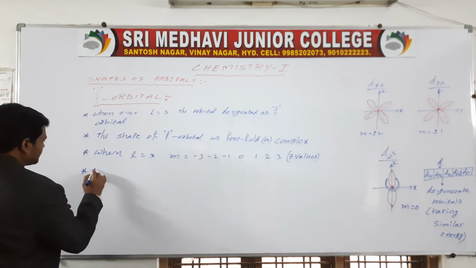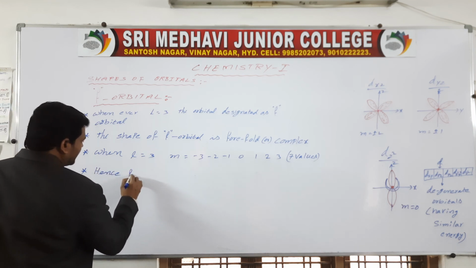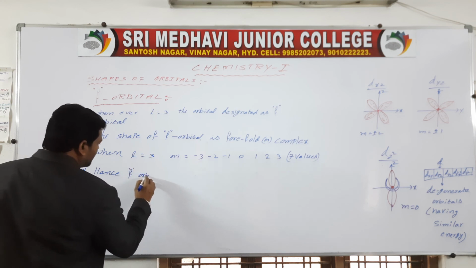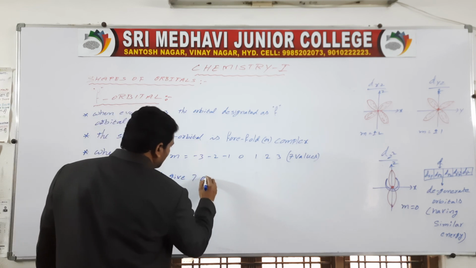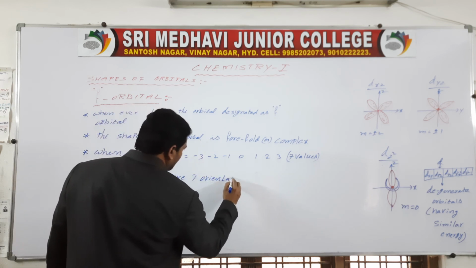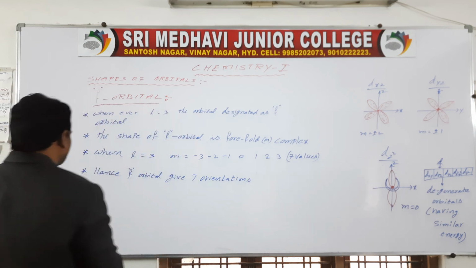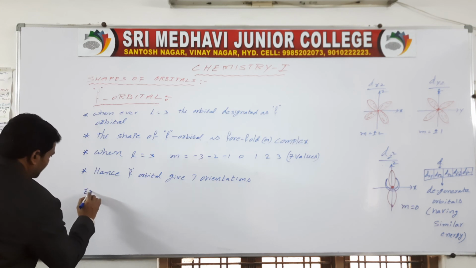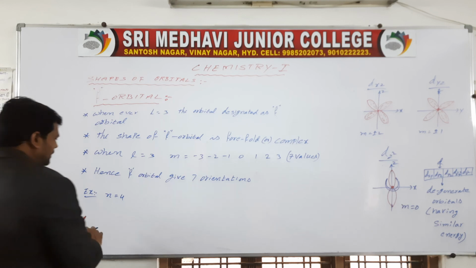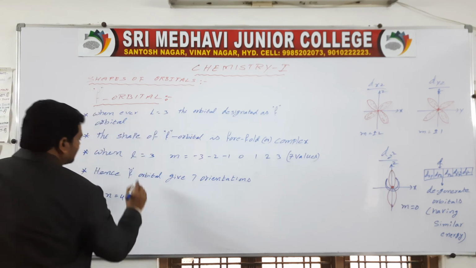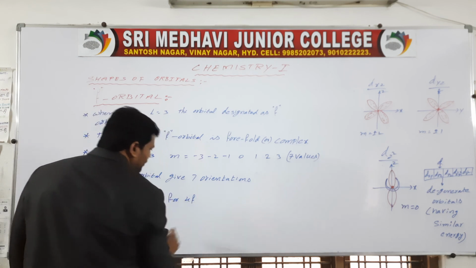Hence the f orbital gives 7 orientations. For example, n is equal to 4, l is equal to 3 for the 4f orbital.